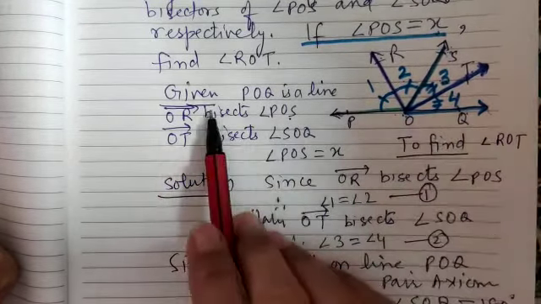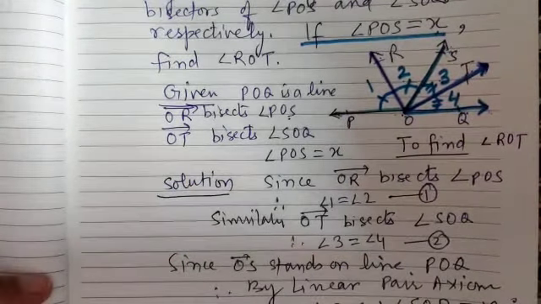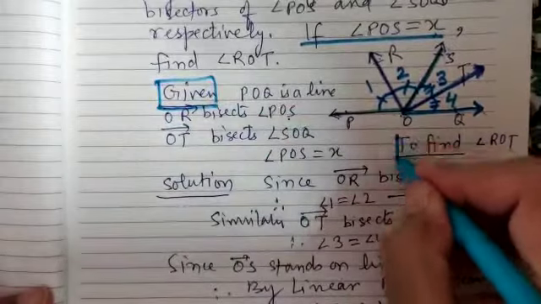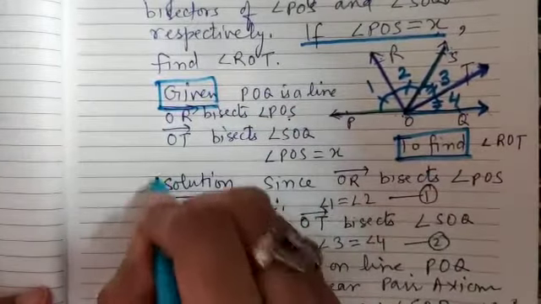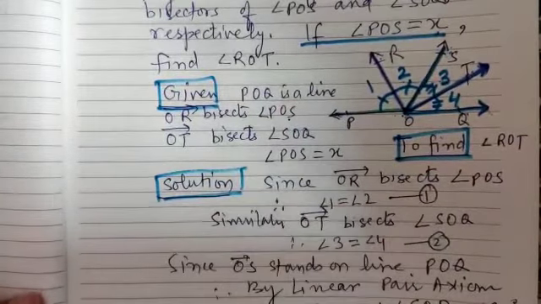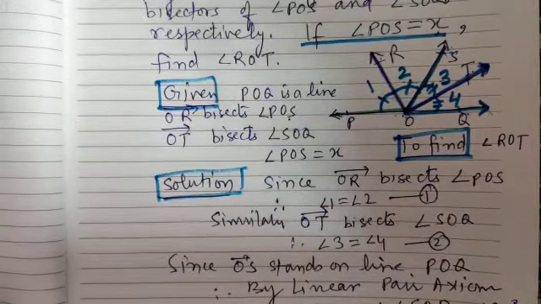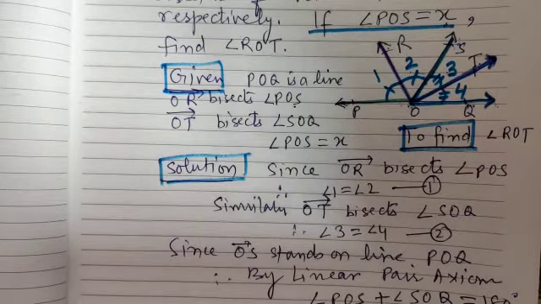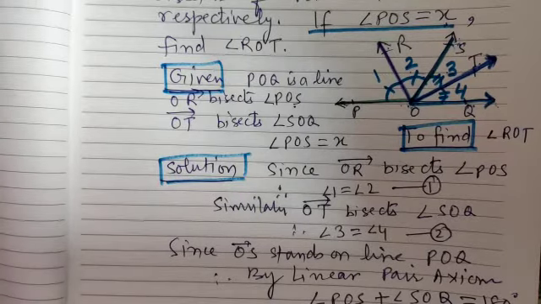Then acquire the habit of writing what is given, what is to find, and then write down the logical steps with reason, and that will help you acquire a skill of reasoning and you will enjoy learning geometry. I hope this tip will help you in doing questions from the chapter geometry.